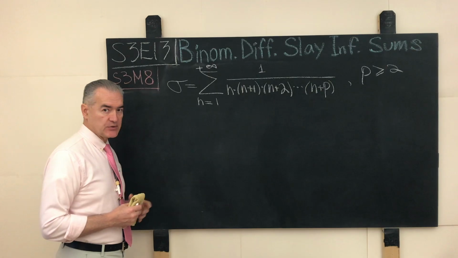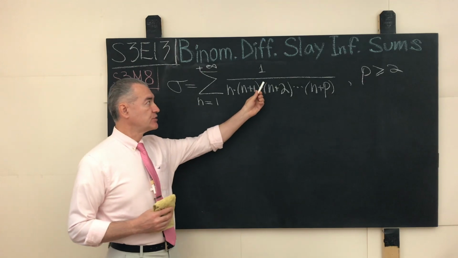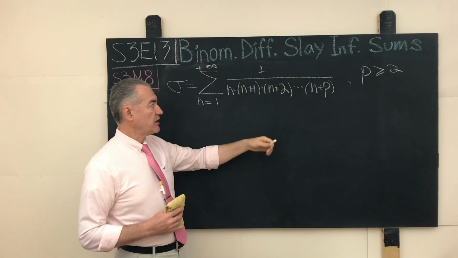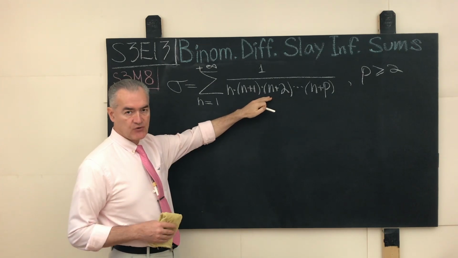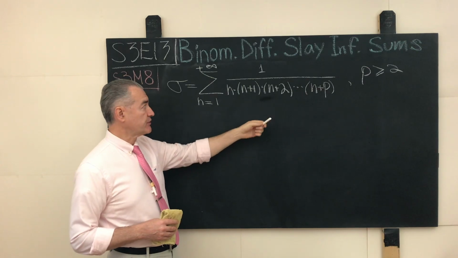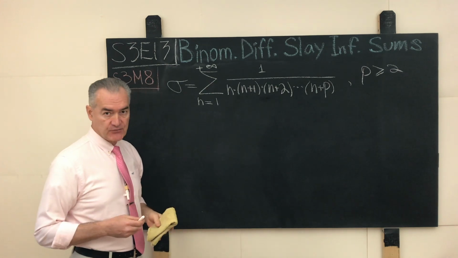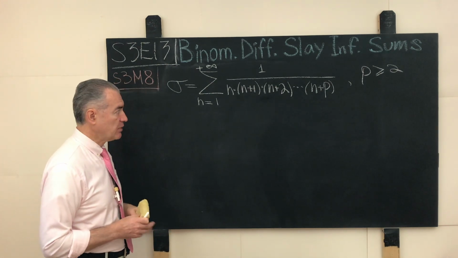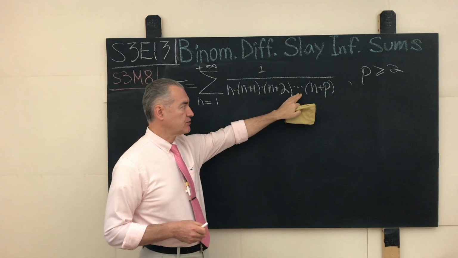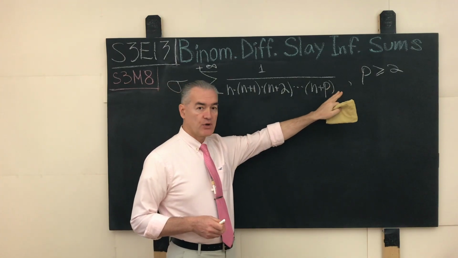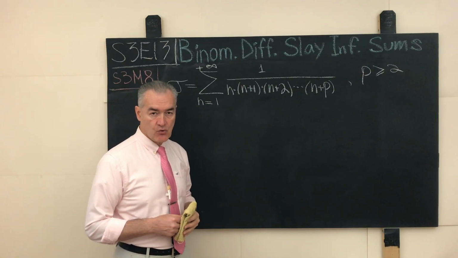That is, the summand in this problem is a fraction with positive unity in the numerator, and the denominator of that fraction looks like a leftover from a certain factorial, that is the number n, which is in this case a positive whole number, n multiplied by n plus 1 multiplied by n plus 2, and so on, multiplied by n plus p, where p is again a whole positive number that is greater than or equal to 2.